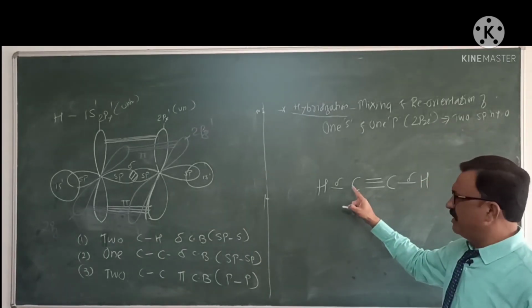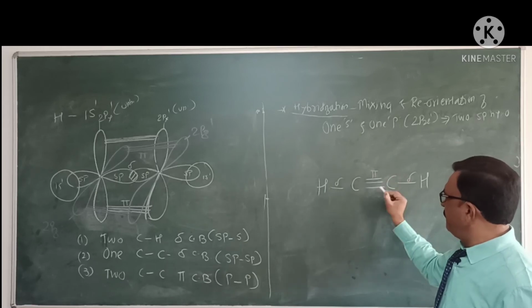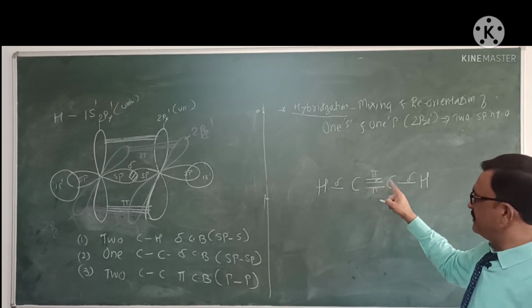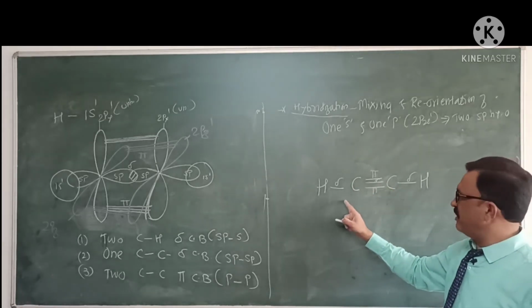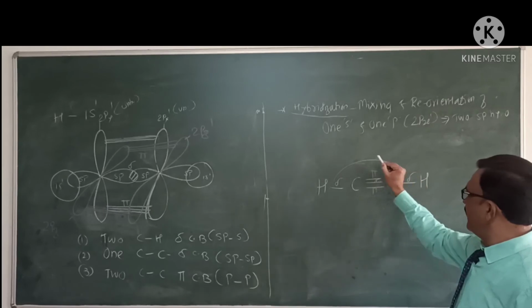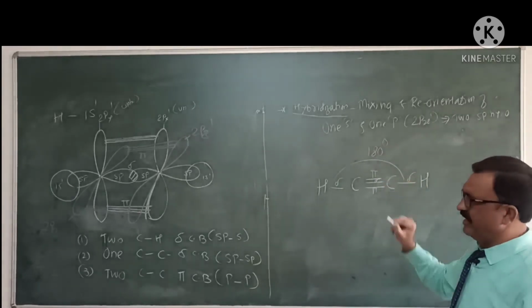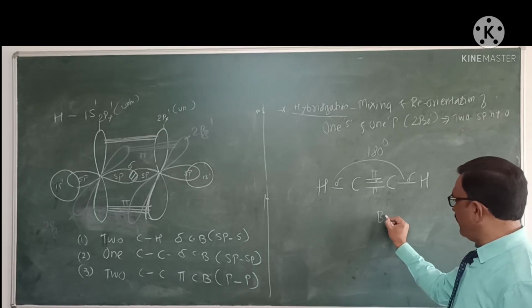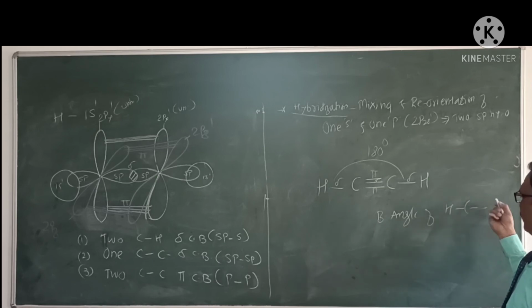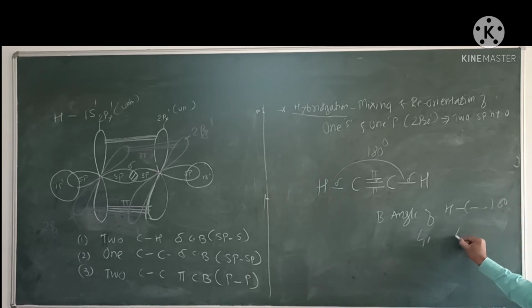Then one sigma and two pi bonds. The sigma bond is formed by hybridized sp atomic orbital overlapping, and the pi bonds are formed by lateral overlapping. Here the bond angle of hydrogen-carbon-hydrogen is 180 degrees. The geometry of the molecule is linear or diagonal.